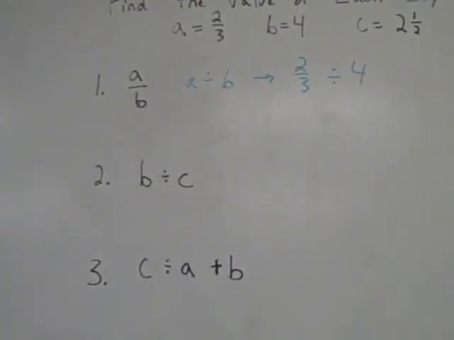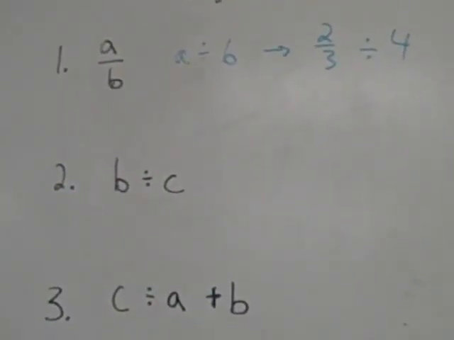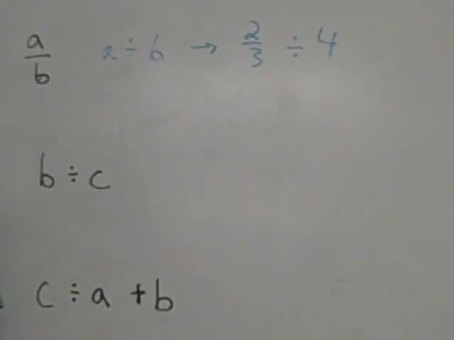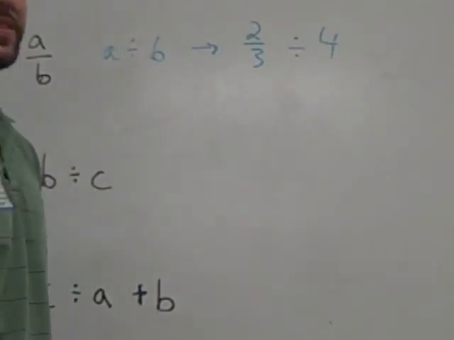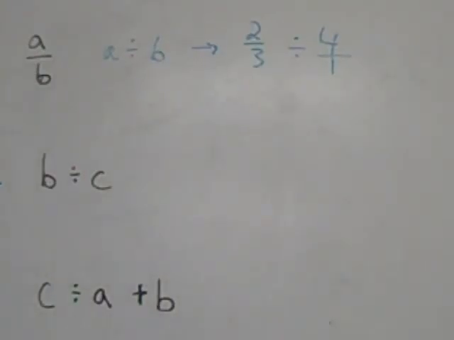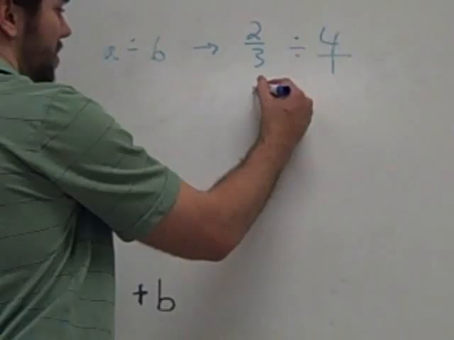So Ethan, what's the first thing you want to do? Turn 4 into a fraction. How do I do that? Put a 1 under it. Now keep it, right? So 2/3.